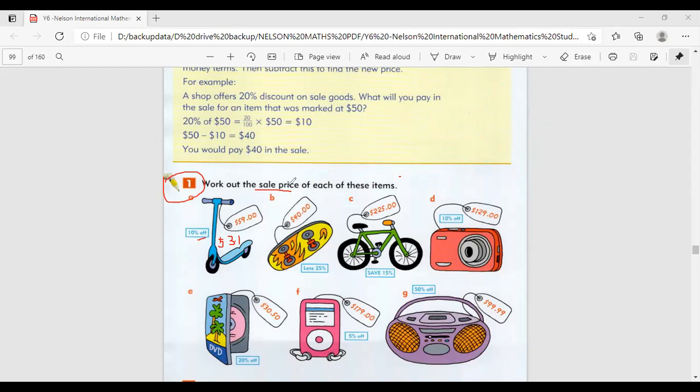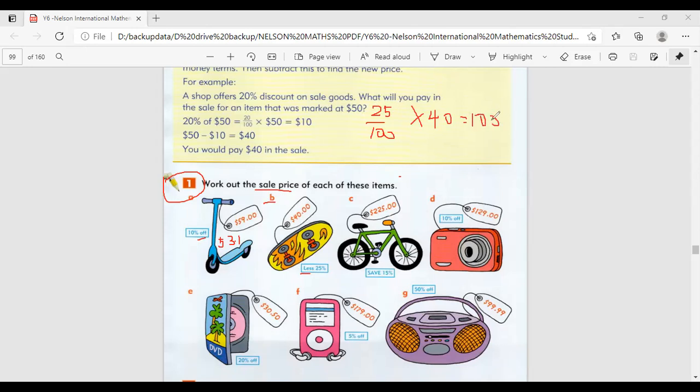Okay, let's do question letter B. It says 25% less. So what is less? Of course, subtract. So 25 over 100, this is letter B, times 40. Okay, 25 times 4 is 100.